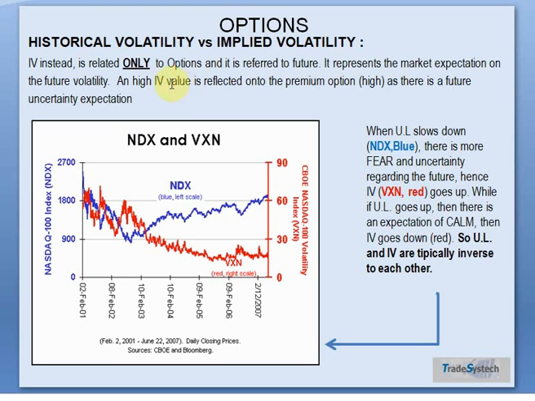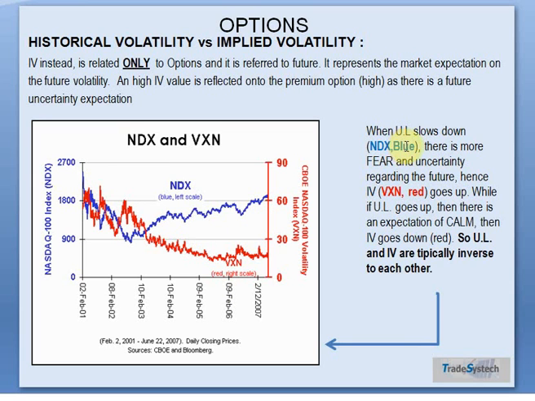As we said, the implied volatility is reflected in the option premium. So if the implied volatility is high, even the option premium is high. That's because there is an uncertainty expectation for the future. Let's have a look at this example.